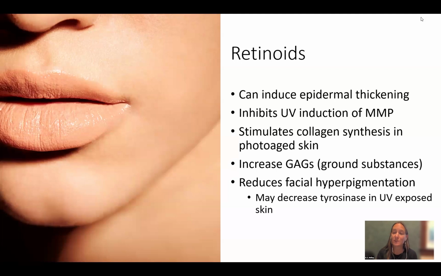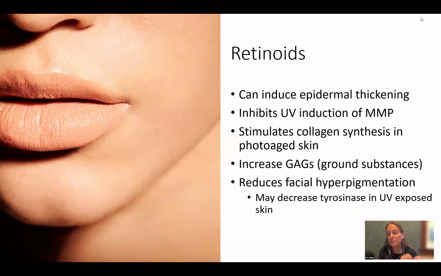They can increase those GAGs, or those ground substances, GAGs being an acronym for glycosaminoglycans again. And they can reduce facial hyperpigmentation. There's some thought as to what the mechanism of action is with this. Some research indicates that it just has to do with the cell turnover again, then you're just getting rid of that hyperpigmentation off the surface.